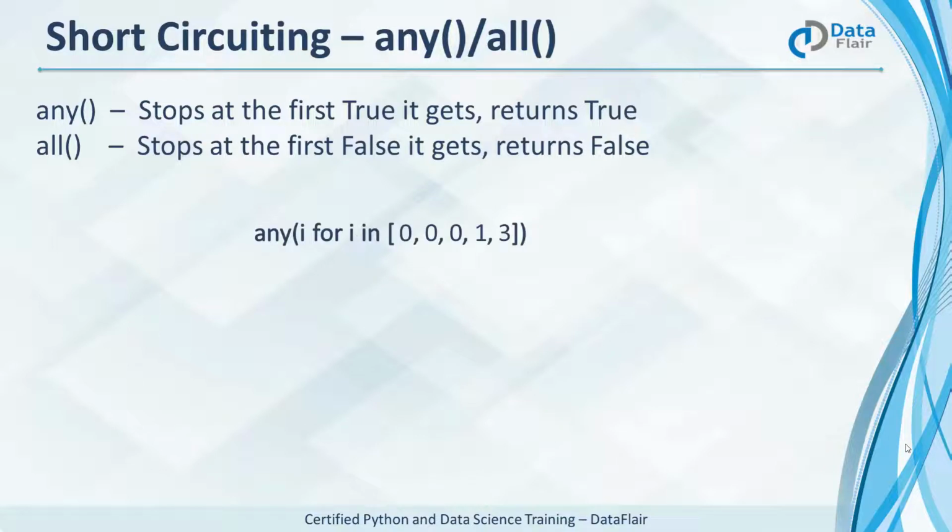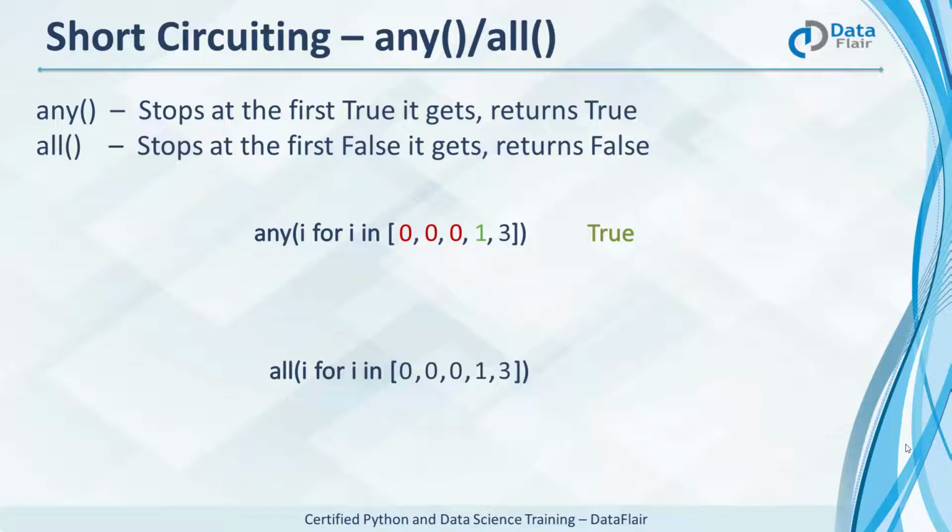Let's take an example. Any of i for i in the list 0, 0, 0, 1 and 3. This value is false, this is false, this is false, but this is true. It returns true and does not check whether 3 is true because it has already reached its answer.